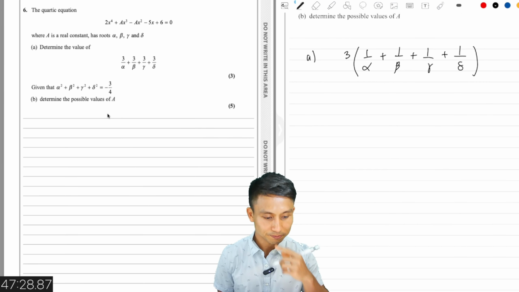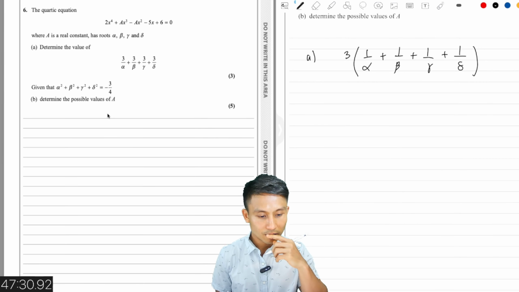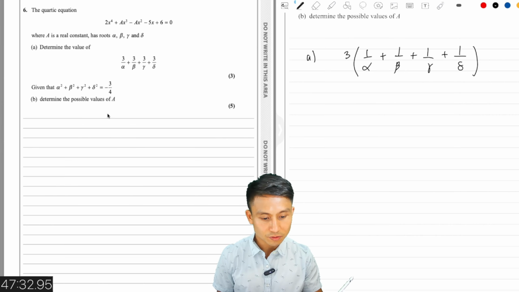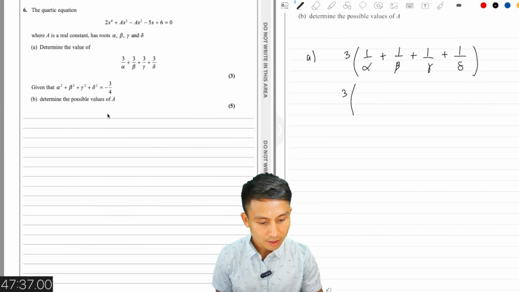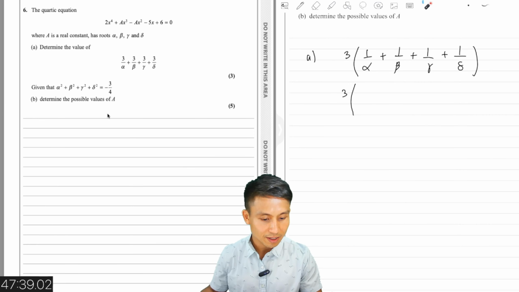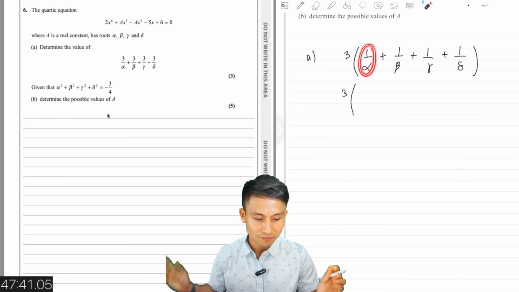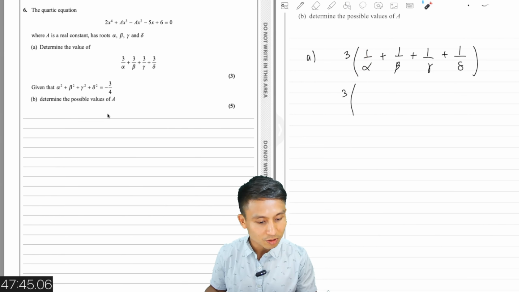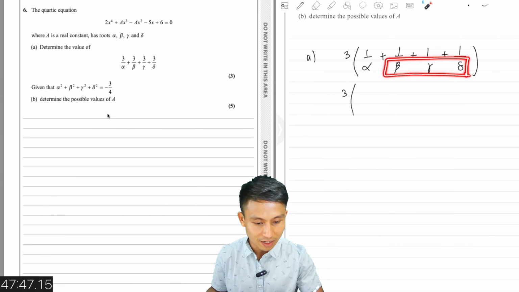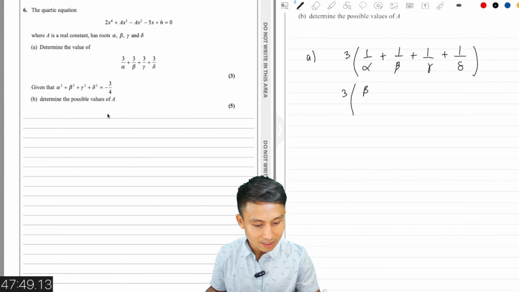Okay, now, if we want to find all this, if you do the lowest common multiple, then you are basically going to multiply each of them by the things that they don't have. So like the first term, you're going to multiply by beta, gamma, delta together. So I'm going to have beta, gamma, delta here, yeah?